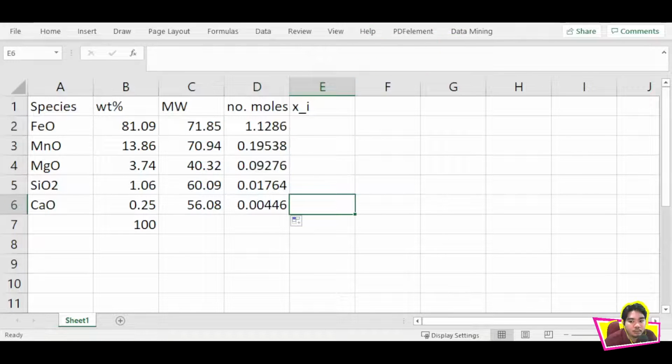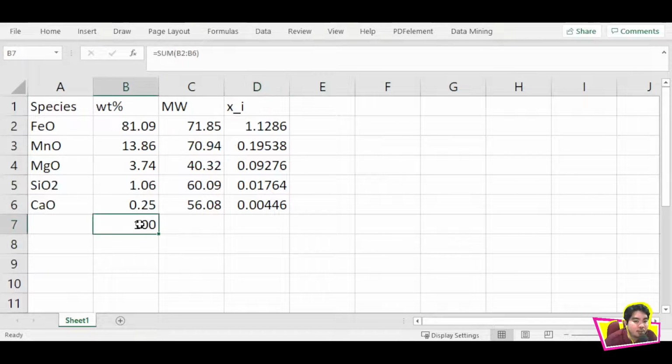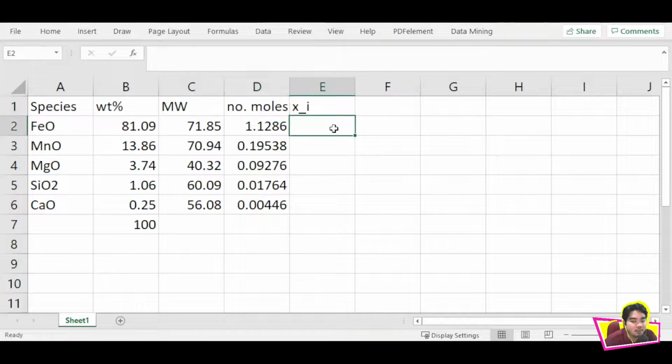Yung total number of moles, actually parang ano na rin siya, kasi if we assume 100 grams of this slag, then yung total will also be equal to 100 na. So para makuha yung molar fraction, divide pa natin to by 100. Okay?